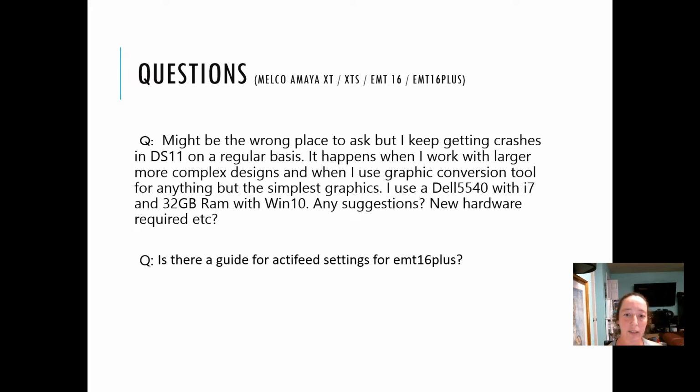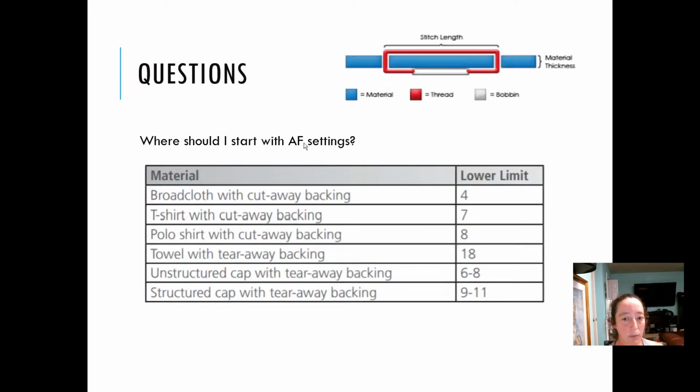So if you've got clicks really close together, 10 points apart, no matter how much you adjust your settings, your needle penetrations are going to be 10 points apart. So be careful that you don't have too many left clicks or right clicks when you're digitizing, because anytime you have a click, you're going to end up with a needle penetration there. So yeah, Rick, thank you for reminding me on that.